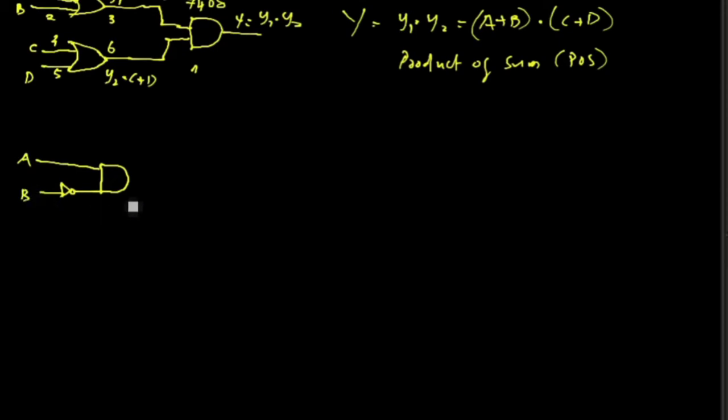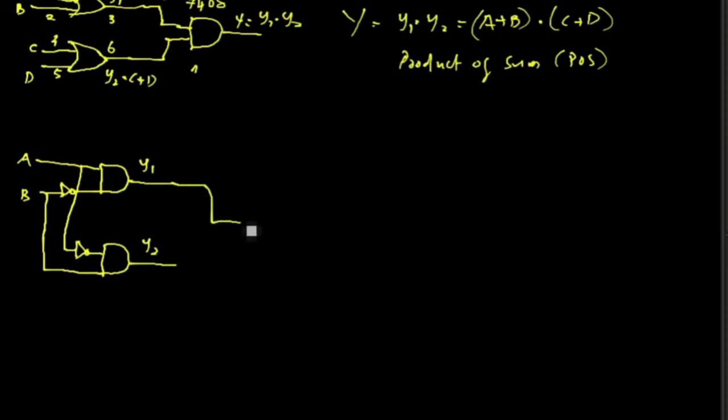So here it is A and B complement. We have the first output, that is Y1, and we are using another AND gate of the same IC. To this one we are giving the same B here, and here we are giving the A complement. Then here we get Y2, and both are given to an OR gate.